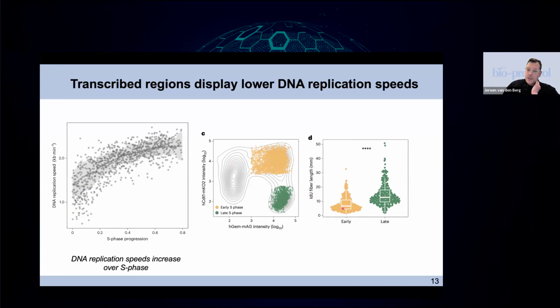And indeed, what we found is that cells that are in early S-phase have shorter track lengths or fiber lengths than cells that are in late S-phase. So this was very nice for us to see that this was indeed something that was happening, also based on the assay that was most widely used in the field.